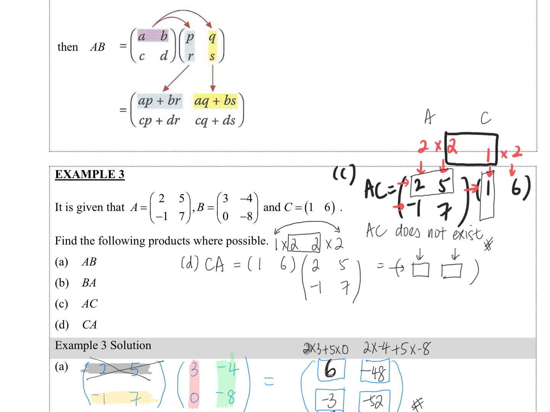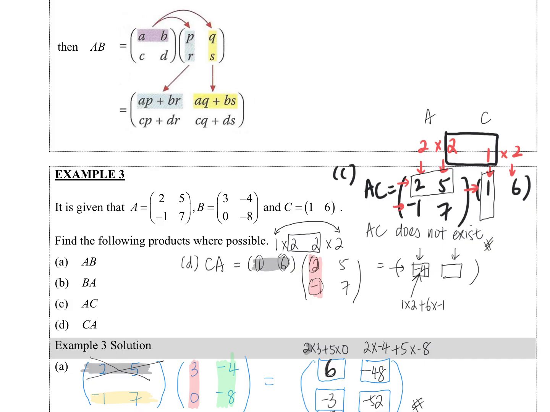So how do I multiply? I always use row multiplied by column. The first entry here would be 1 times 2 plus 6 times negative 1. If you check, you will get negative 4 here.